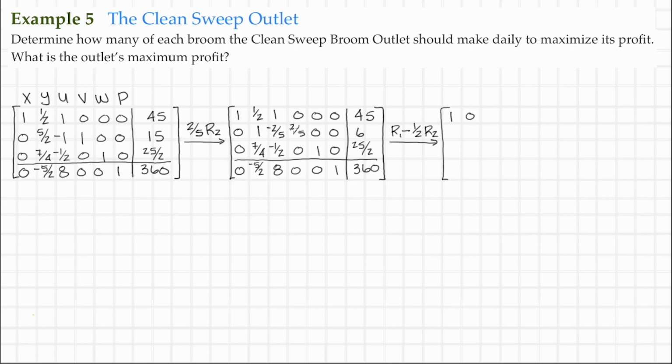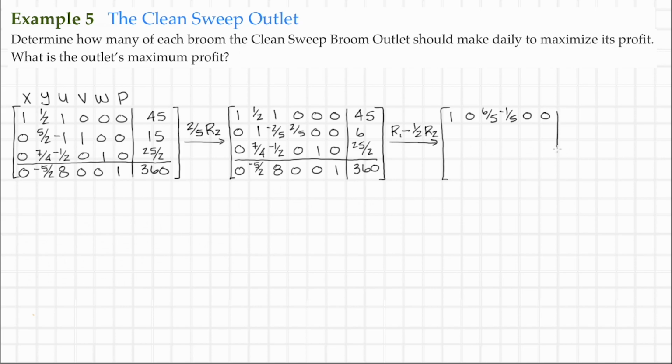Negative 2/5 times 1/2, that's negative 2/10. 1 minus negative 2/10, or in other words, 1 plus 2/10, is 6/5. 2/5 times 1/2, that's 2/10. 0 minus 2/10 is negative 1/5. 0, 0, and 0. 0, 0, and 0.